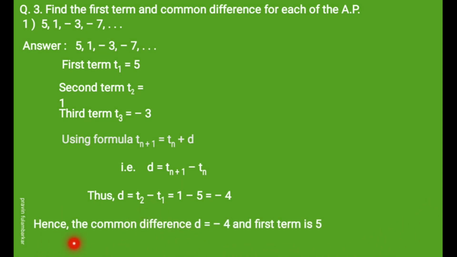So the common difference D equals minus 4 and the first term is 5. You can use T3 minus T2 in place of T2 minus T1, and you get the same value, because the given progression is an arithmetic progression.